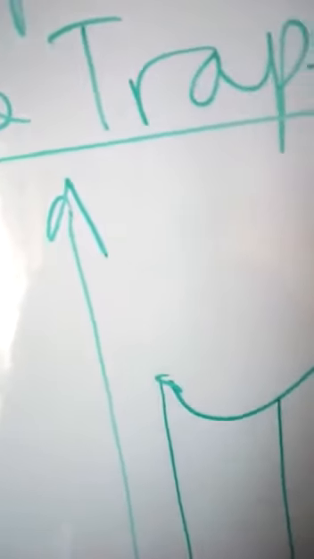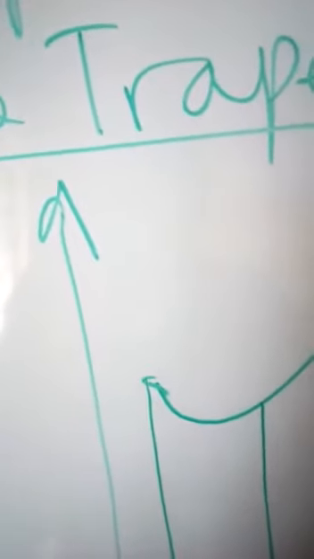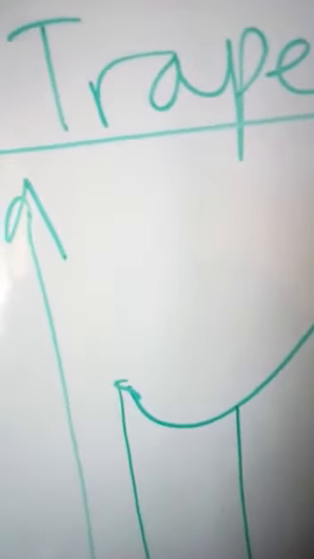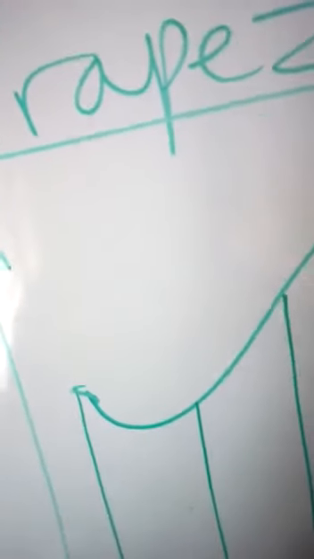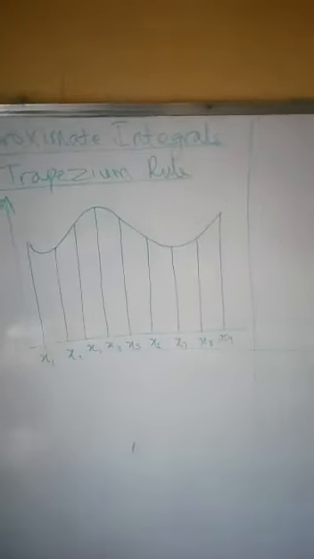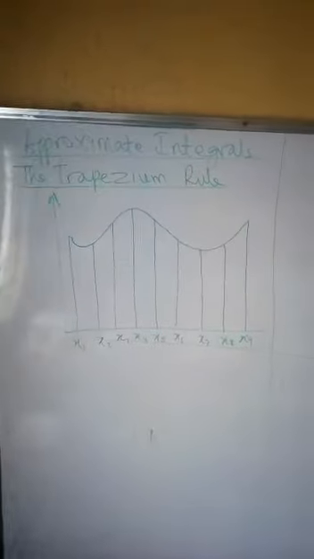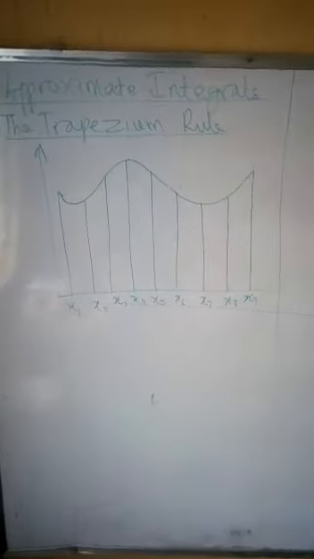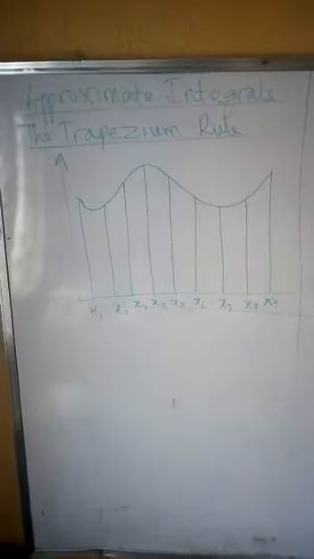Depending on the degree of accuracy we want, we can divide into several numbers. The more the divisions, the more accurate the result will be.